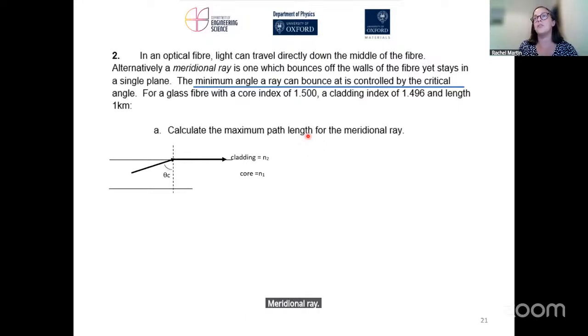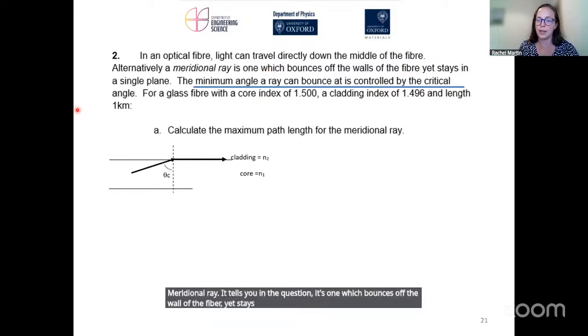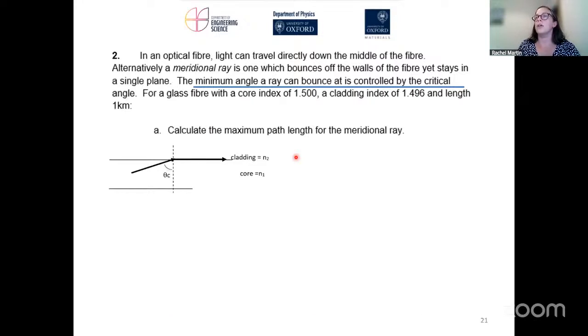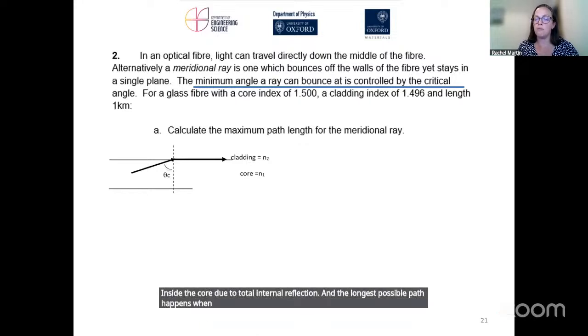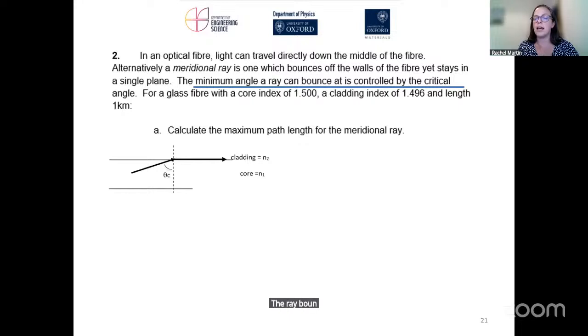It tells you in the question it's one which bounces off the wall of the fibre yet stays in a single plane. So, calculating the maximum path length for the meridional ray, light is going to reflect inside the core due to total internal reflection. And the longest possible path happens when the ray bounces at the minimum allowed angle.